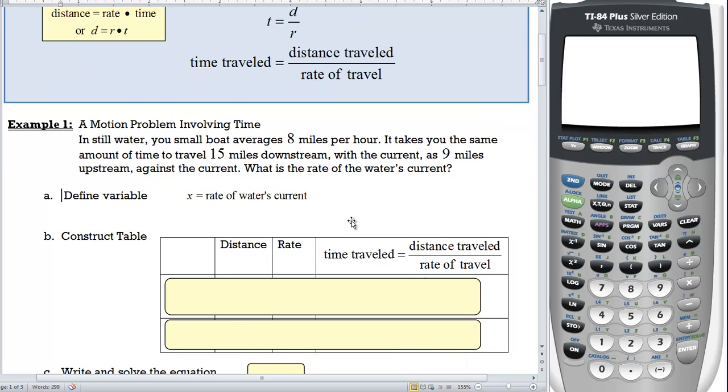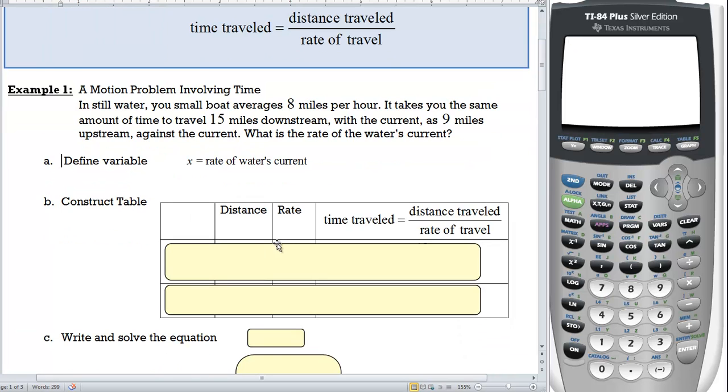So in these, it does help if you make out a table. Now in this table, I've got us going with the current and without the current. The distance that we travel with the current, which is downstream, is 15. So right here, I'm going to have 15. Without the current, they told me going upstream would be 9.